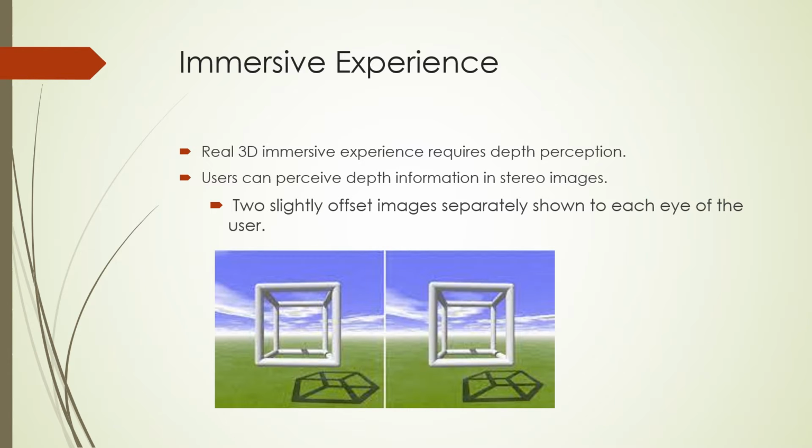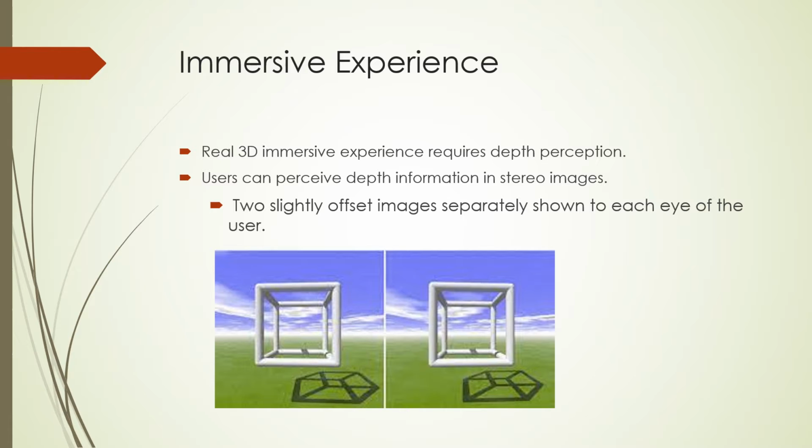Although the 360-degree image is an advancement towards immersive multimedia experience, it is still not the real immersive multimedia experience. So here we will talk about what truly defines the immersive multimedia experience. Specifically, real immersive multimedia experience allows users to perceive the depth information of all the 3D objects in the virtual environment.